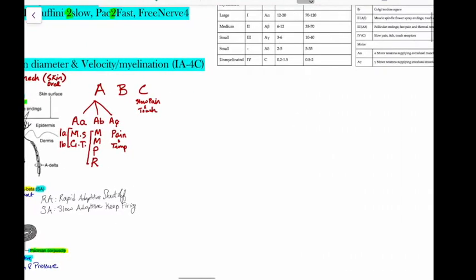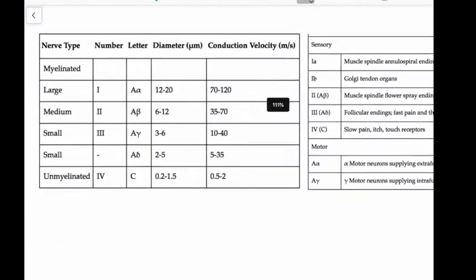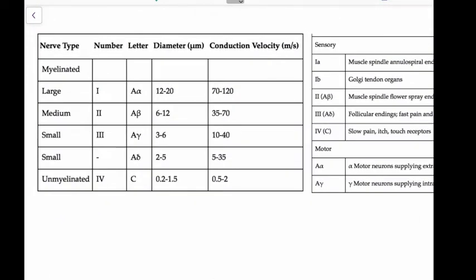So as we keep going, here's a quick chart. We can run through that real quick. Here, all it's saying is that we have different types of myelinated nerve types. We have type 1, type 2, type 3, type 4, and they increase in myelination as we go up.